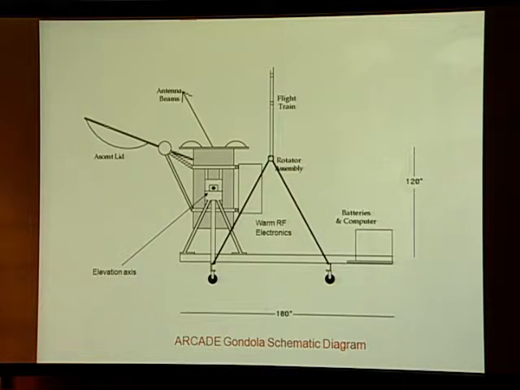I'll show you how that worked in a bit. Another feature I want to emphasize from this diagram is that we've tried to put the dewar off to one side of this rotator, assembly, and flight train. This is to get some of this mechanical hardware out of the near side lobes, or even maybe the far side lobes of the antenna beams, to limit its contribution.